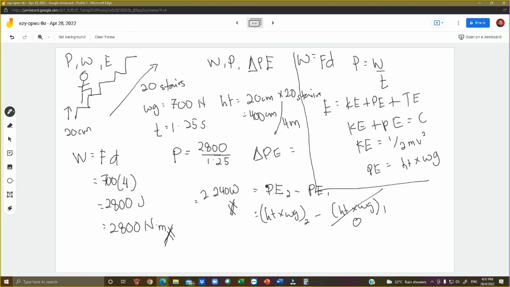Berapa potential energy dia ada? Berapa height dia? A total height 4 and weight dia 700 Newton. So similar to this one, 2800 joules or Newton meter. Either one is correct. Itu cara untuk kita selesaikan isu potential energy based on the information that we have.